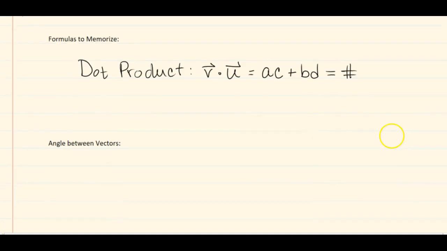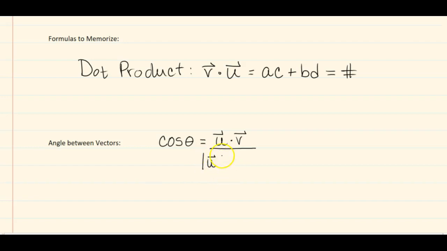The other formula that you need to memorize is the angle between two vectors. Cosine of theta is going to equal the dot product of my two vectors divided by the magnitude of each of those vectors. Remember, we can denote magnitude with double absolute values or single ones.